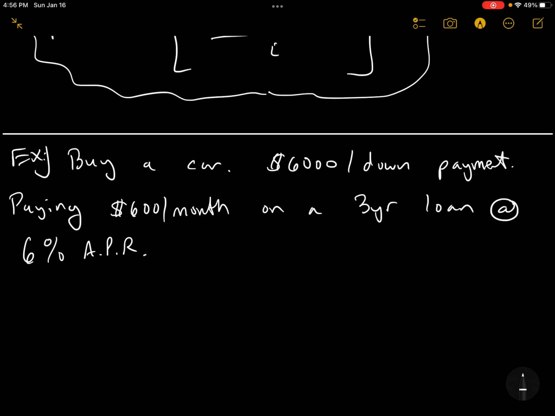You'd only get a 6% APR if it was your first car or you had bad credit. Okay? And this is compounded monthly. So you're paying monthly, you're compounding monthly. It all happens at the end.